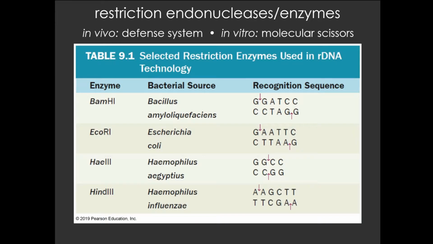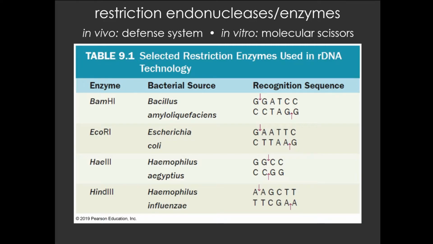It attaches to the DNA molecule and it travels along the DNA molecule until it finds this recognition site, and it cuts the sugar phosphate backbone between the A and G nucleotides, which destabilizes the molecule and causes the hydrogen bonds between the A's and the T's to break and opens up the DNA molecule.